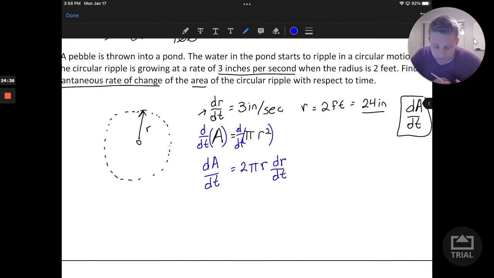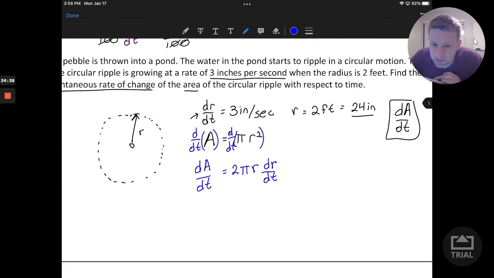All right, and now since I'm trying to just find dA/dt, I can consider evaluating this derivative expression at two different values. The radius currently is 24 inches, and the dr/dt, the rate of change of the radius over time, is 3 inches per second. So we can say that dA/dt is equal to 2 times pi times the radius, currently 24 inches.